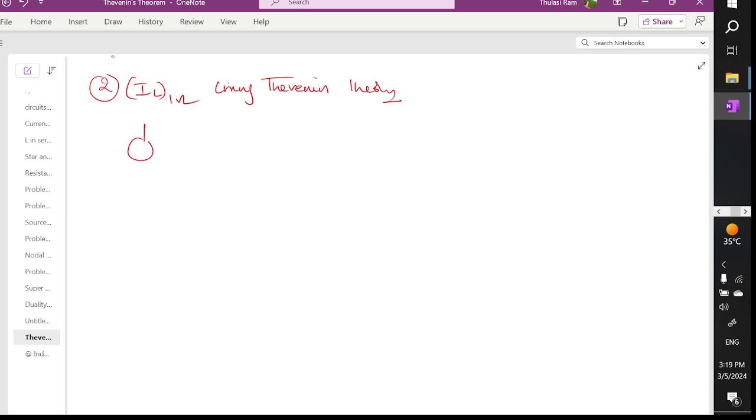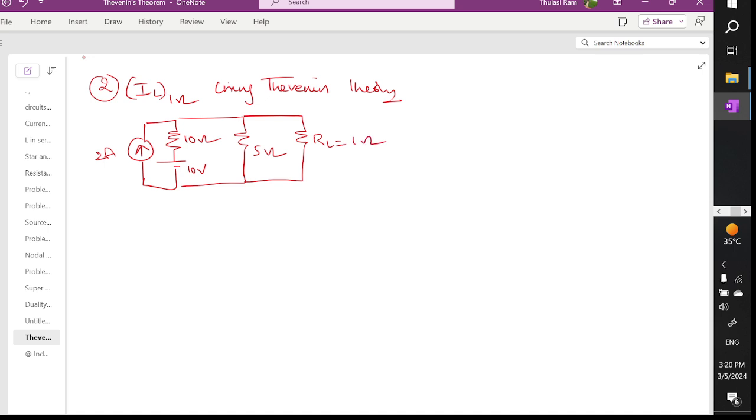So we have a current source and a resistor, and a voltage source: 10 volts, 2 amperes, 10 ohms, and one more 5 ohm resistor, and you have 1 ohm, which is the RL given in the problem, nothing but 1 ohm.